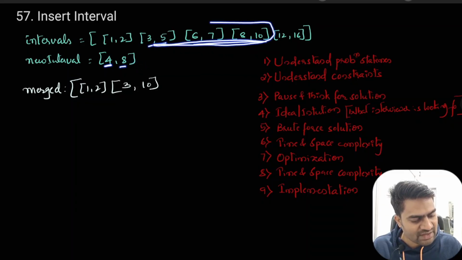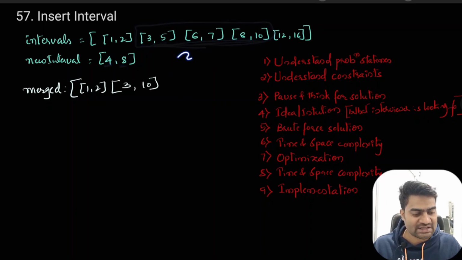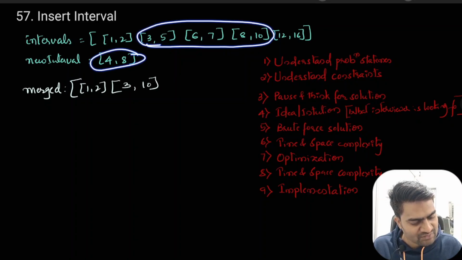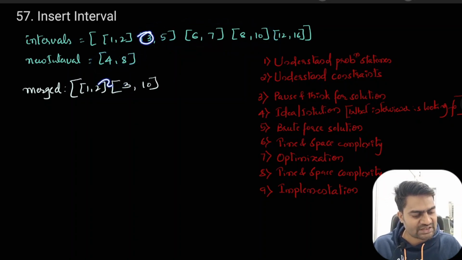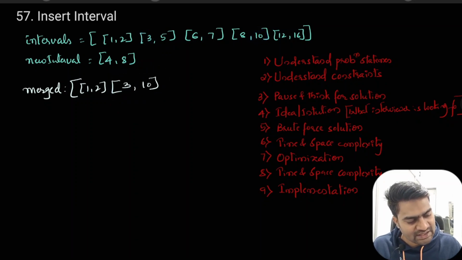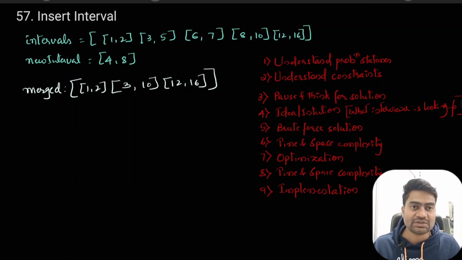So all the three values get merged. Now if we merge these three values along with this, the smallest will be 3 and the largest will be 10. So we get this interval. Then finally the last interval, which is 12, 16. So this is our merged interval, and we need to return this as part of this problem.